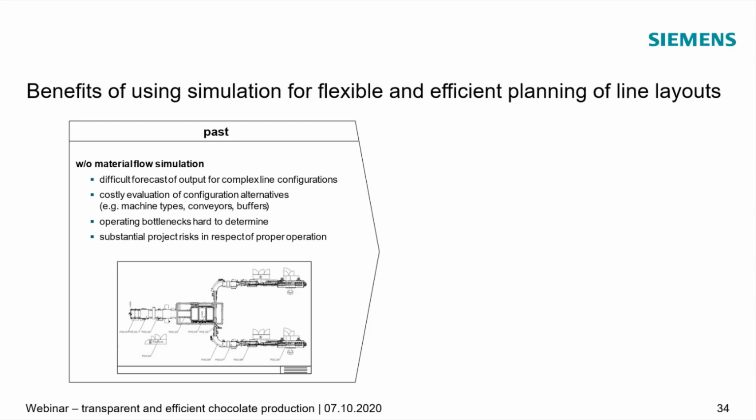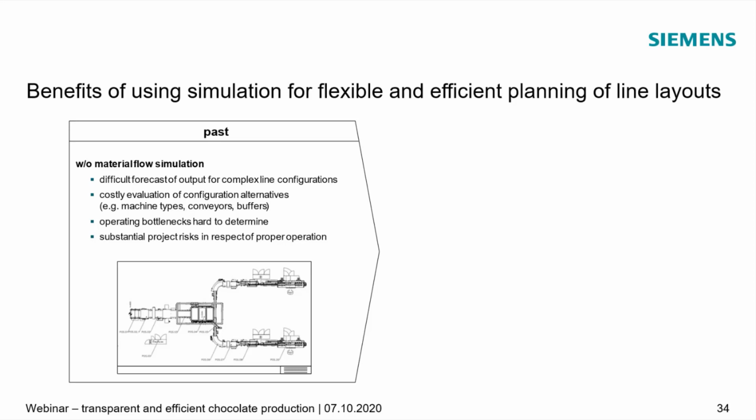The more complex the plant configuration gets, the higher is the risk of not getting the desired throughput of the line. It becomes difficult to evaluate different line alternatives, and it is hard to estimate the right coverage of operator personnel. Potential bottlenecks might not be obvious and visible.